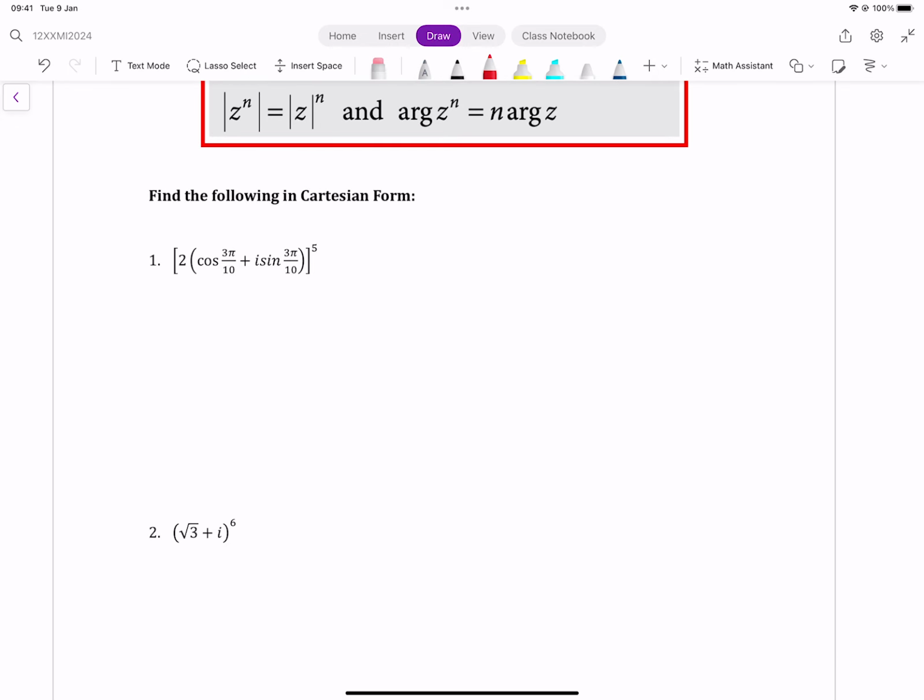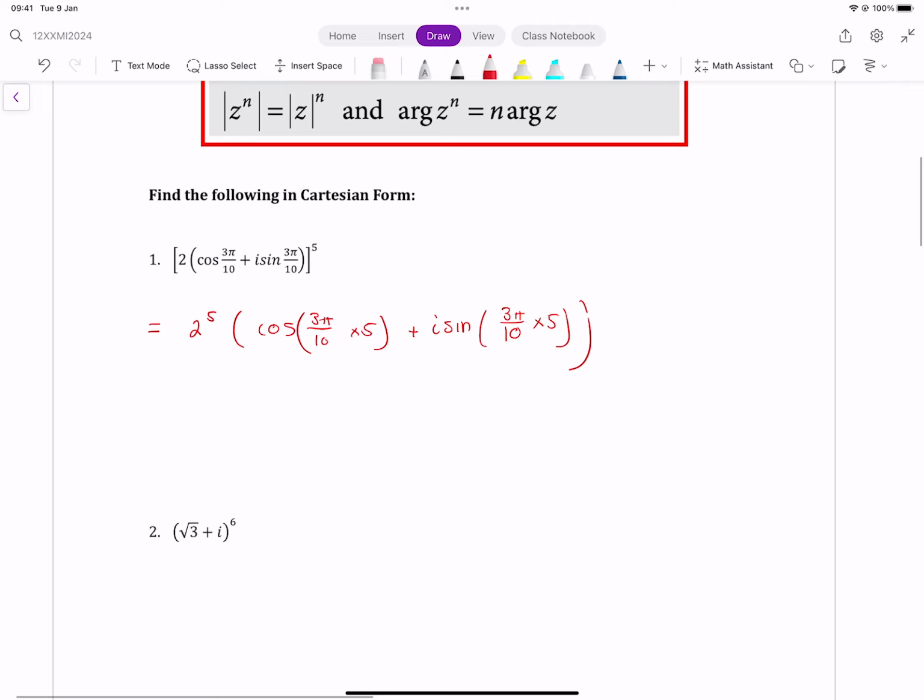So if we want to find the Cartesian form using de Moivre's theorem, we first of all have to convert it to modulus argument form. We can see in this question it's already done. So applying de Moivre's theorem, it's going to be 2 to the power of 5, cos of 3 pi on 10 times 5, plus i sin 3 pi on 10 times 5.